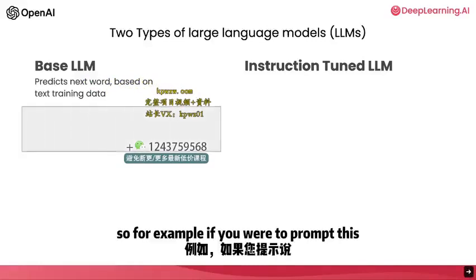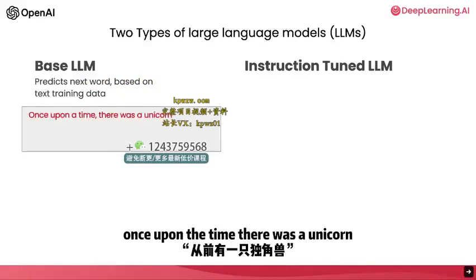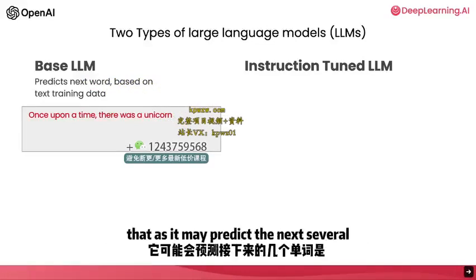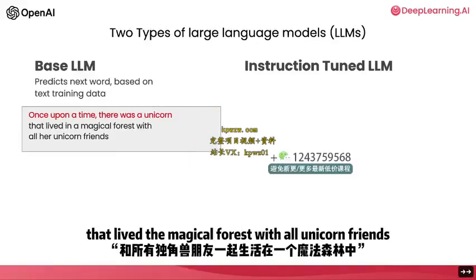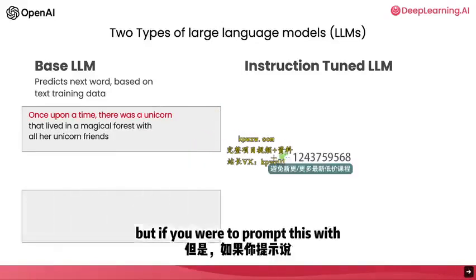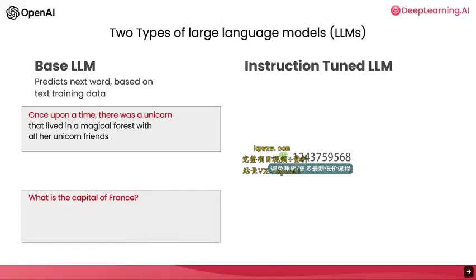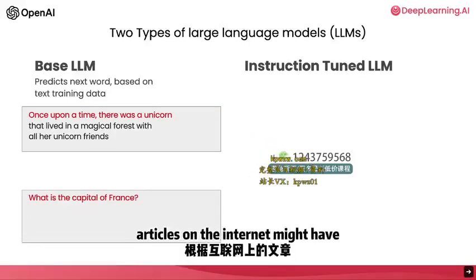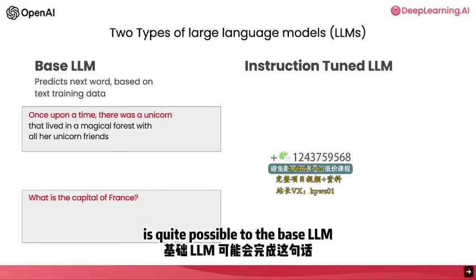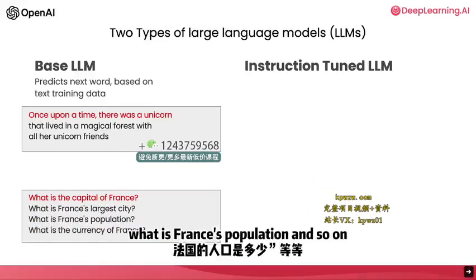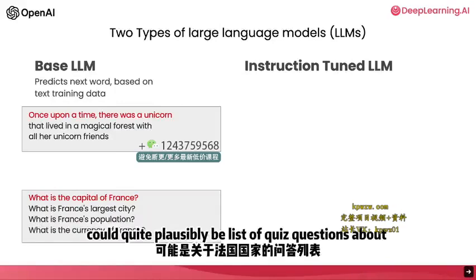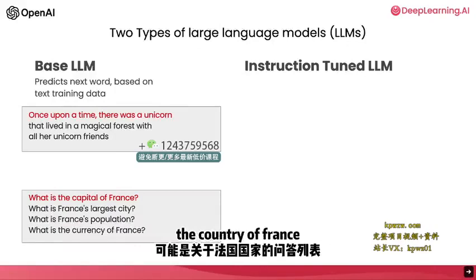So for example, if you were to prompt this, once upon a time there was a unicorn, it may complete this, that is, it may predict the next several words are that live in a magical forest with all unicorn friends. But if you were to prompt this with what is the capital of France, then based on what articles on the internet might have, it's quite possible that the base LLM will complete this with what is France's largest city, what is France's population, and so on, because articles on the internet could quite plausibly be lists of quiz questions about the country of France.